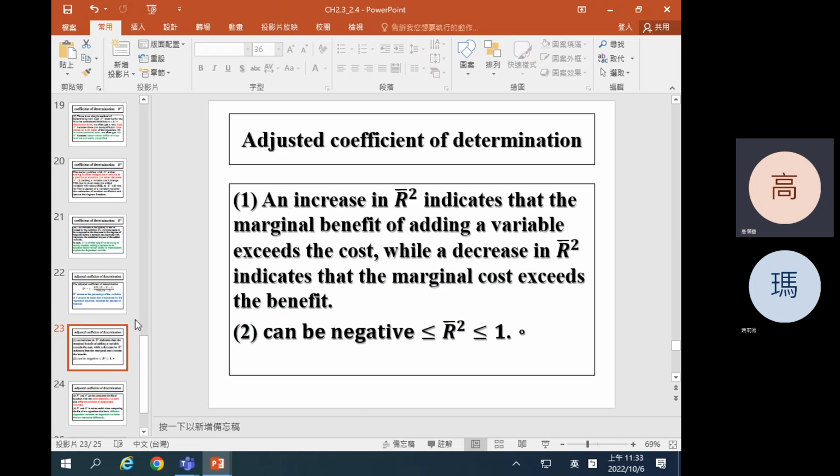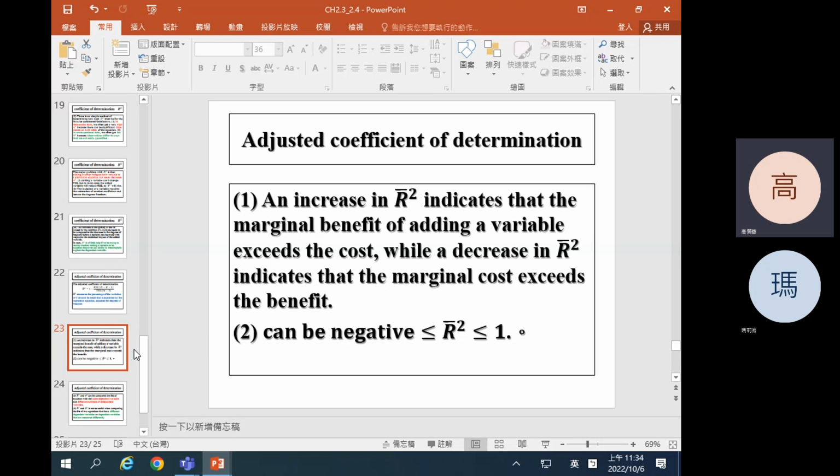So that's why I'm saying that an increase in adjusted R squared indicates that the marginal benefit of adding a variable exceeds the cost, while a decrease in adjusted R squared indicates that the marginal cost exceeds the benefit. The marginal effect of adding a variable means those x variables can explain more.